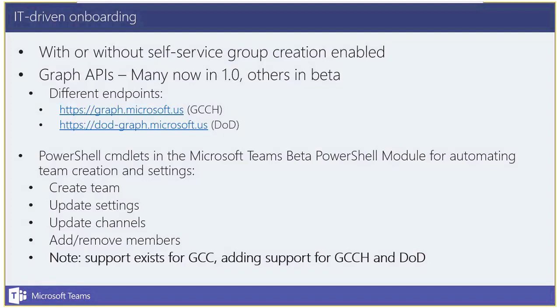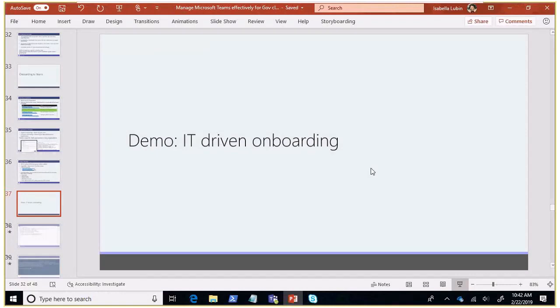And these Graph APIs can be used for building your own automation tools around group creation and management. In addition, we have a set of PowerShell cmdlets in the Microsoft Teams beta PowerShell module for automating a lot of this team creation as well. So this is just creating the teams themselves, updating settings and channels, and adding and removing members. We're going to look really quickly at what that type of IT-driven onboarding might look like.